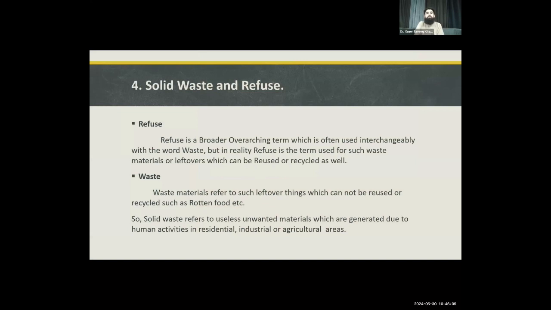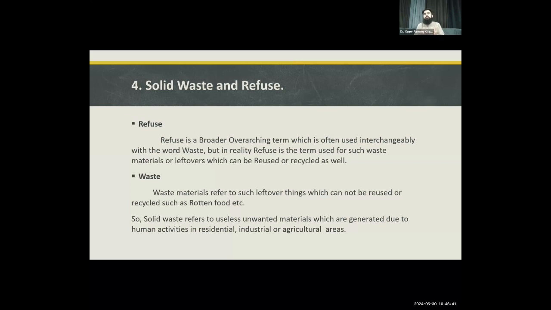Waste materials refer to leftover things which cannot be reused or recycled, such as rotten food. We cannot recycle rotten food materials because they are almost always full of pathogenic worms, pathogenic bacteria, fungi, etc. So anything which is beyond the tipping point of being able to be reused or recycled, that is called a waste, an utter waste.